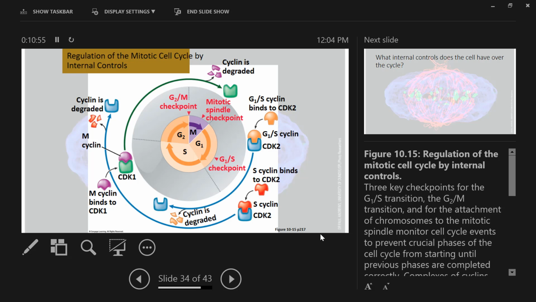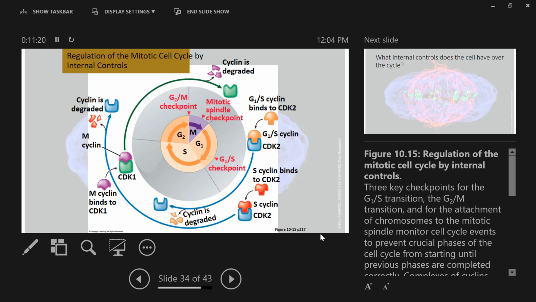Now, CDK, do you remember what this stands for? Cyclin-dependent kinase. And we've seen kinase before. We saw kinase in glycolysis, and a couple of our enzymes end in kinase. And what does a kinase enzyme do? It phosphorylates other enzymes. And phosphate groups turn on or turn off enzymes.